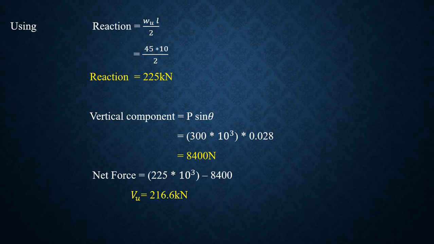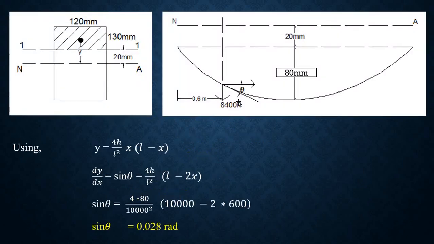Next is the vertical component. As I told you, that inclined force should be resolved into two components, vertical as well as horizontal. Vertical component is P sine theta. P is 300 kilonewton. Convert that into Newton. So 300 into 10 power 3 into sine theta, 0.028.